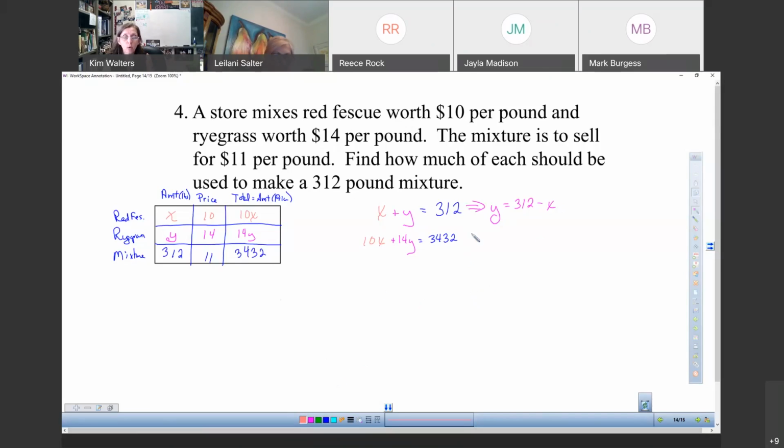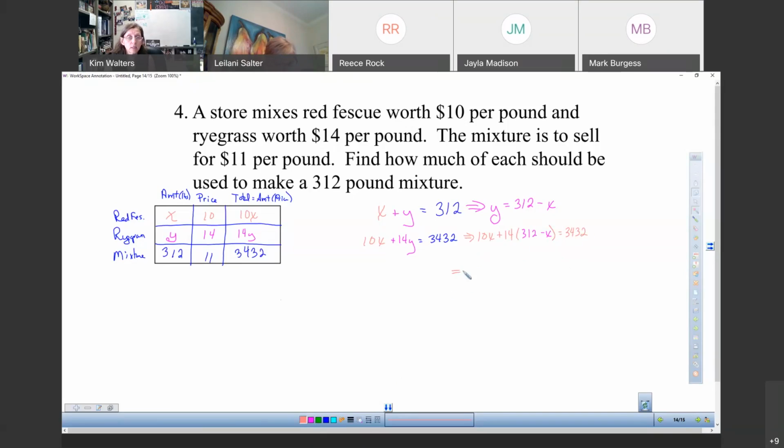So the second equation now is going to become 10x plus 14. We're going to drop that y value in, is equal to 3,432. My y value being this 312 minus x. You could solve for x if you wanted to and substitute it in there. It does not matter. Okay.